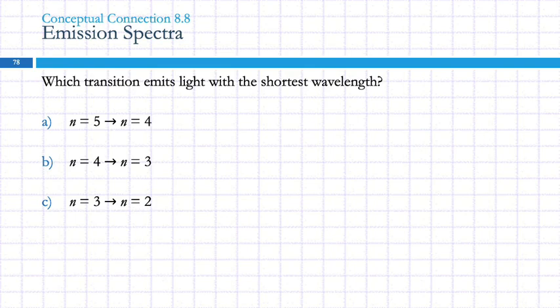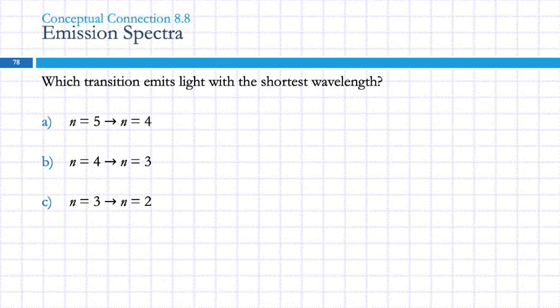Now this is the kind of question that could show up on an exam. Which transition emits light with the shortest wavelength? Well, what we learned is that these changes here relate to the energy, right? So the shortest wavelength, are we looking for the highest energy or the lowest energy?